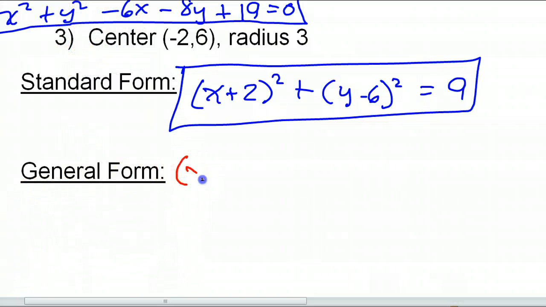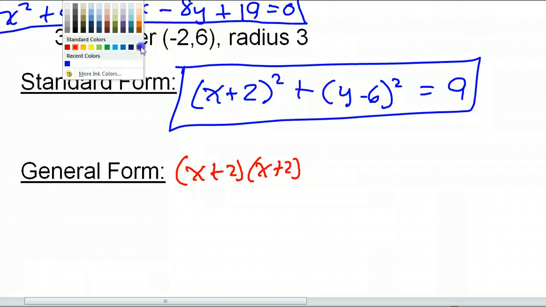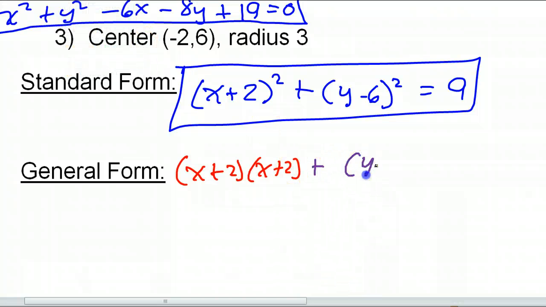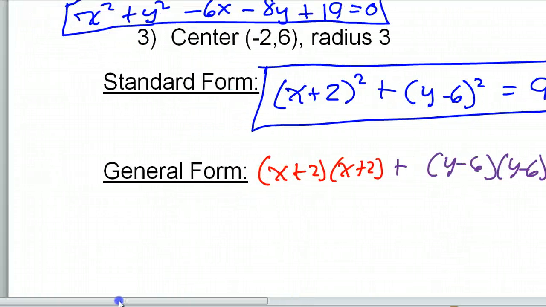Okay. So I'm going to be doing x plus 2 times x plus 2. And then I'll be doing y minus 6 times y minus 6. Okay, so, whoops. Oh, negative 6 added, and then 12. What'd you get?